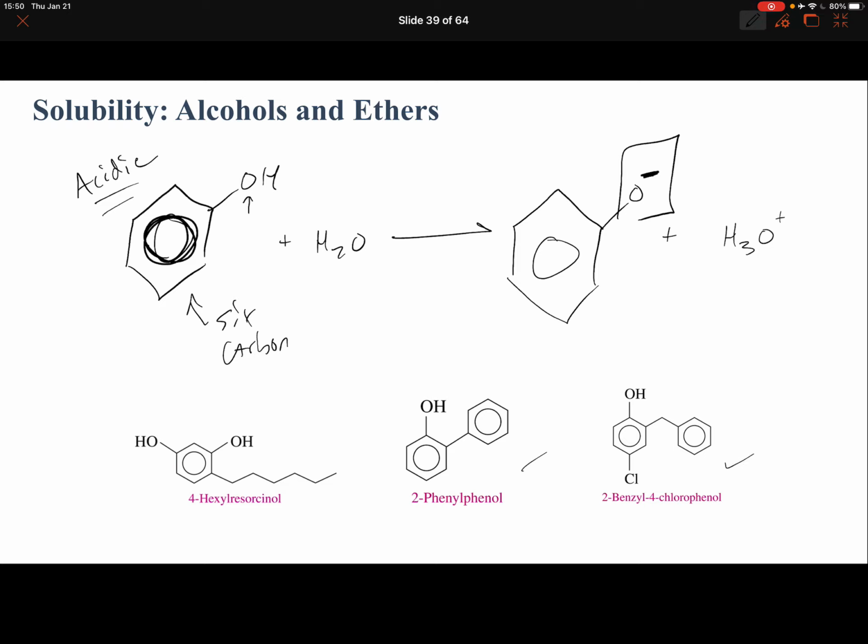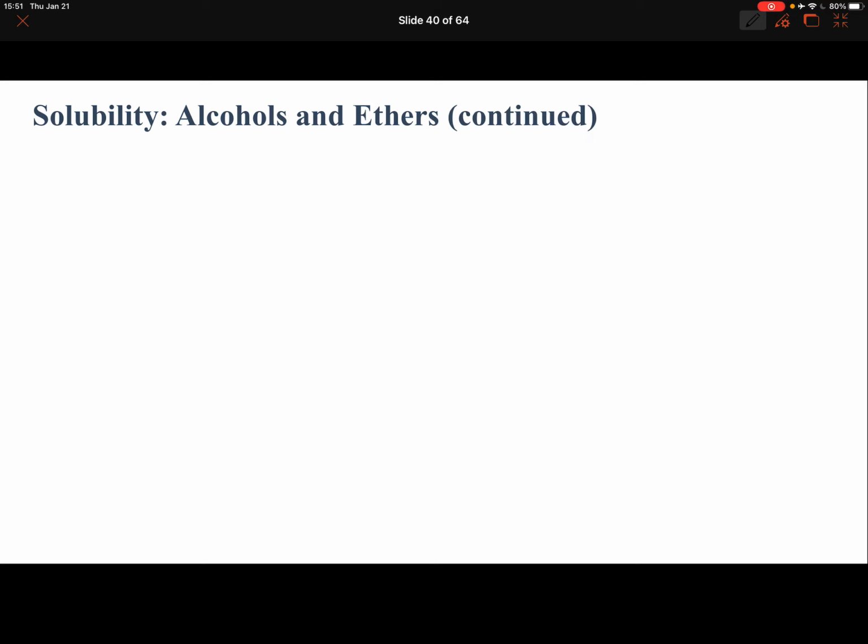Here's a couple more examples of some molecules that contain phenol rings that are also probably not soluble. Not soluble, too many carbons, but phenol on its own is soluble and becomes even more soluble as you add base to it. If you convert that molecule into an acid, it continues to become even more soluble.